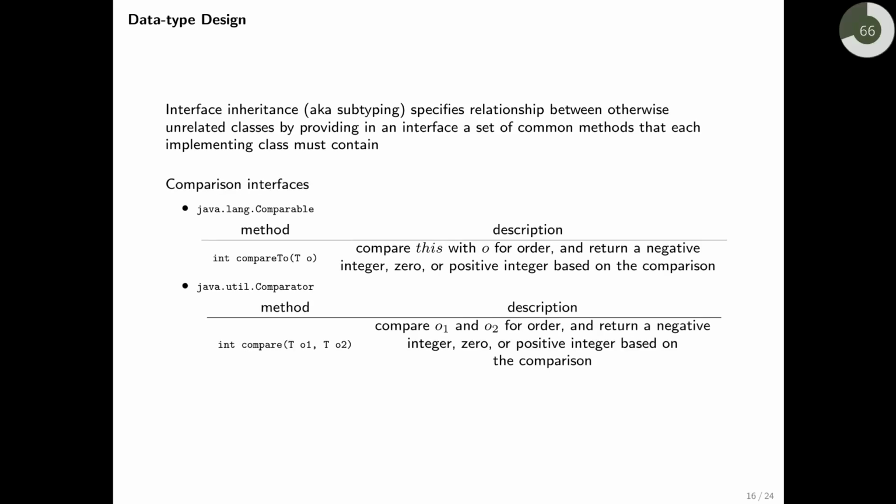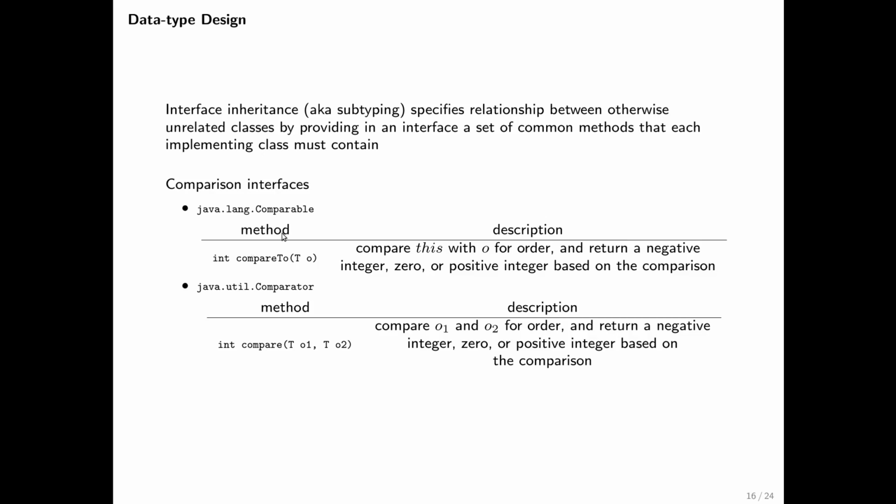So the first set of interfaces that's going to be very useful for us is the comparison interfaces. And there are two of them. The first one is called Comparable, that sits inside of the java.lang package, and the other one is called Comparator, which sits inside of java.util package. So let's first focus on the Comparable interface.